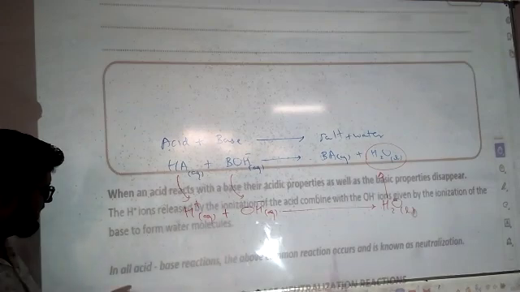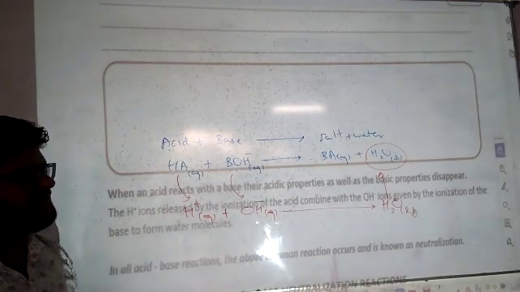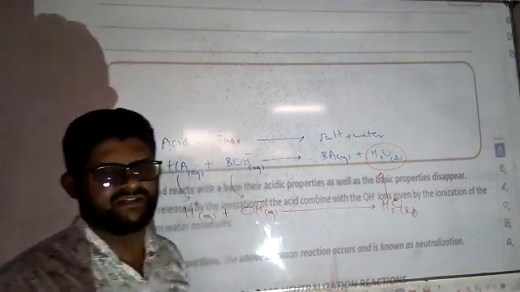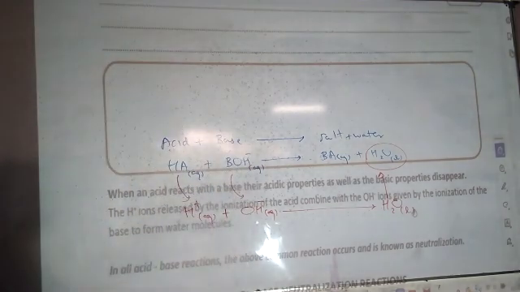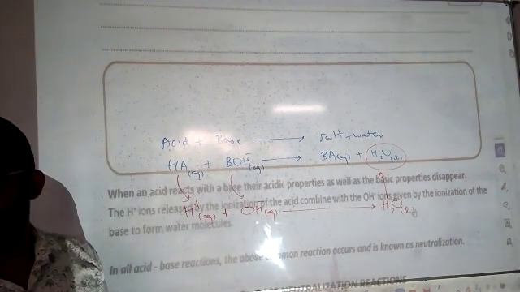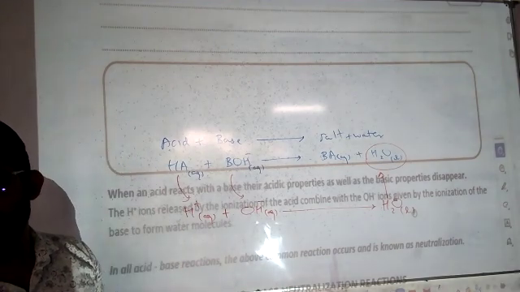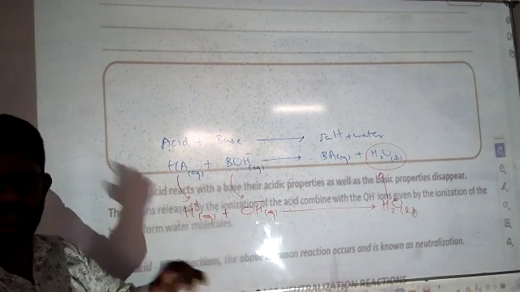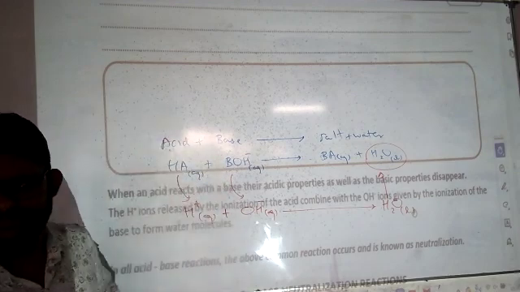So accordingly, all acid-base reactions are neutralization reactions. So H plus and OH minus must be combining to form H2O. Some other reactions are there where just H2O is formed, but just because H2O is formed, you can't take it as neutralization. H plus and OH minus should be combining in this way.